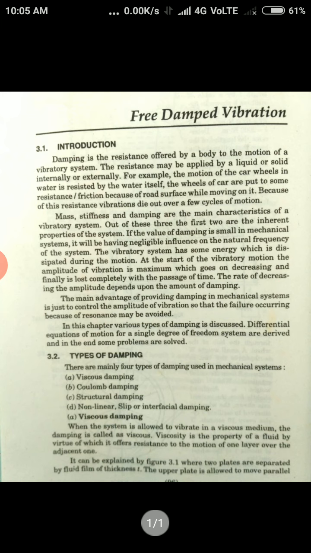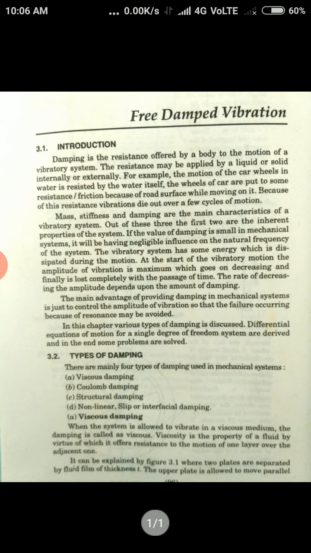Fourth is non-linear slip or interfacial damping. This is a microscopic level damping, where slippage occurs between the machine parts or links. Generally remember this, but they will not ask you in the explanation, because in the earlier scheme it was there.